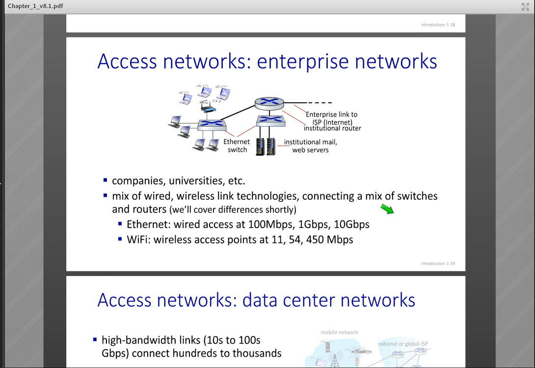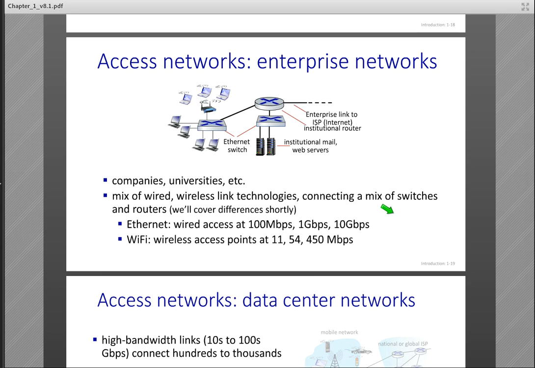and different aspects of the network. Okay. Another access network is the enterprise network. When we talk about an enterprise, it is a big company, a big organization, such as a university.